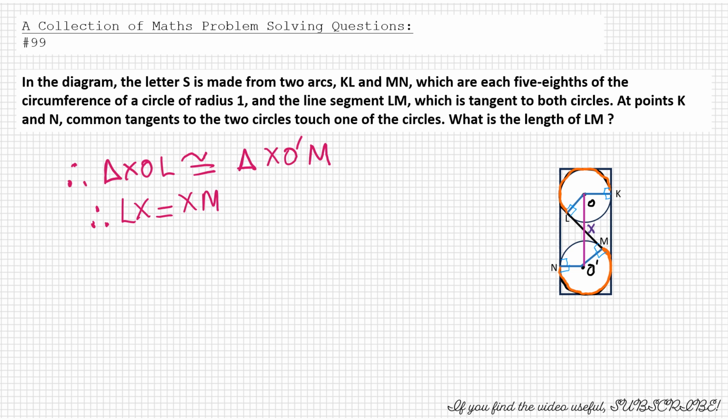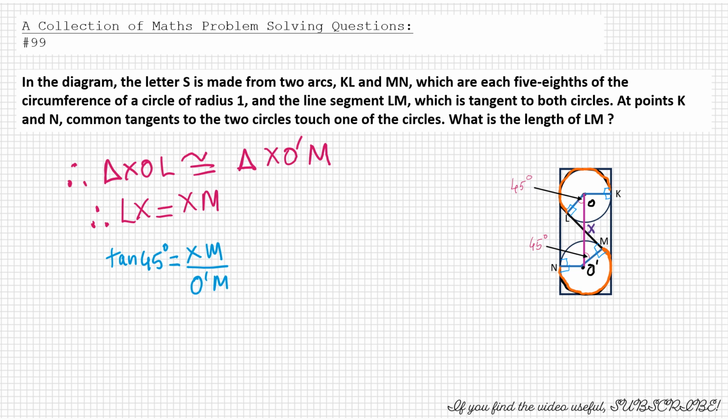Without the 45 degrees as well, you could have proved it, because these are vertically opposite angles. But we keep 45 degrees because we need to find out what LX and XM are. So we do tan of 45 degrees is XM divided by O dashed M, if we look at this triangle.